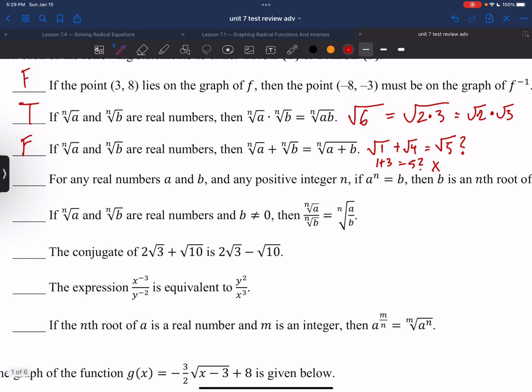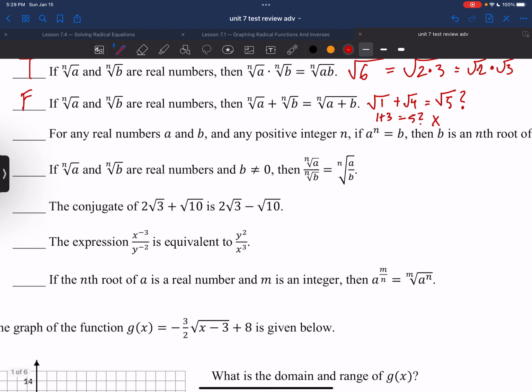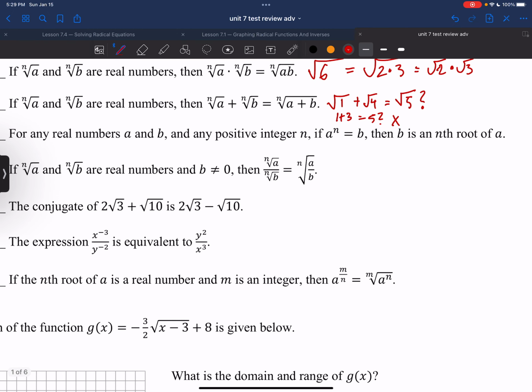Okay, all right. For any real numbers a and b, and any positive integer n, if a to the nth power equals b, then b is an nth root of a.